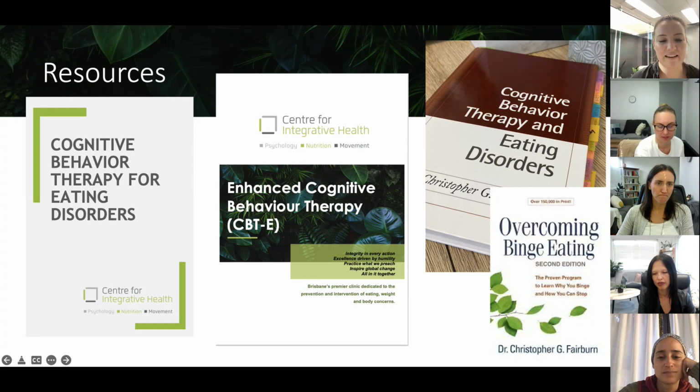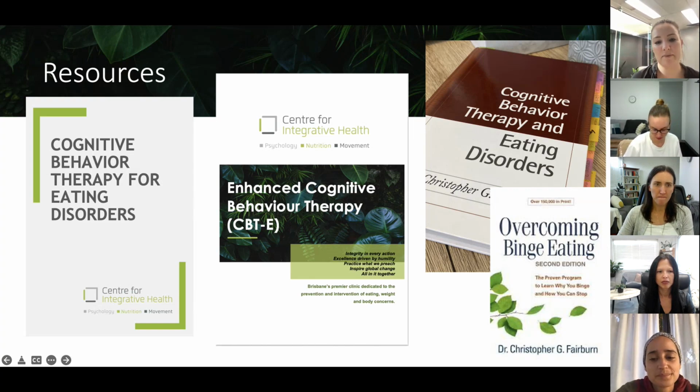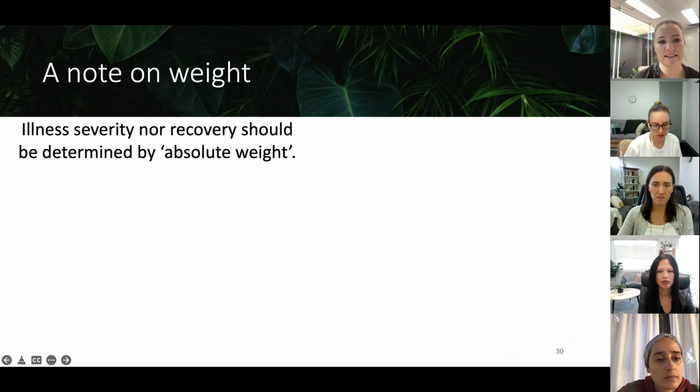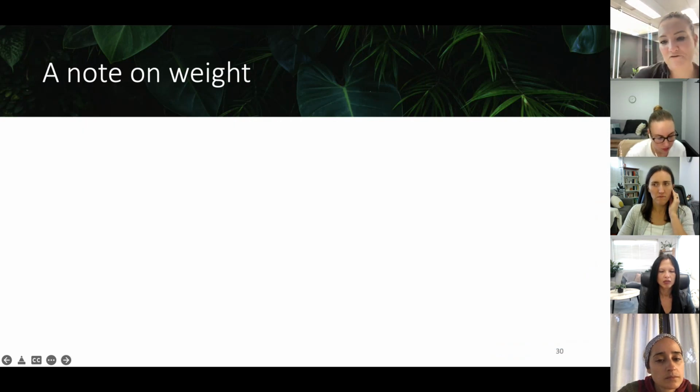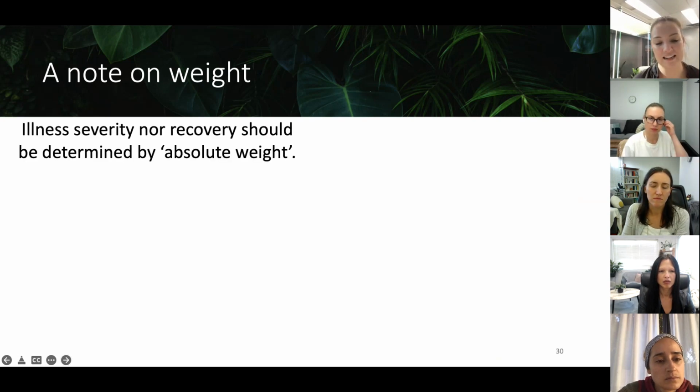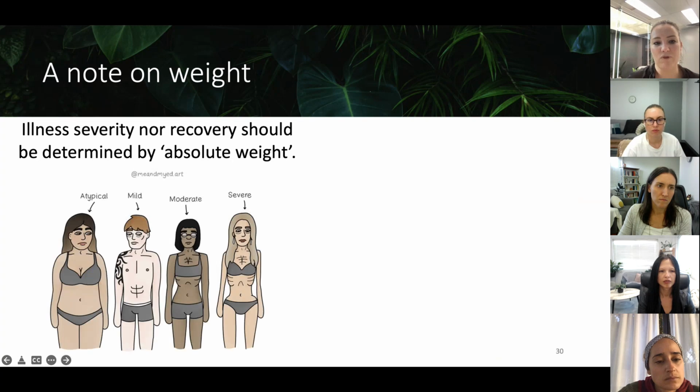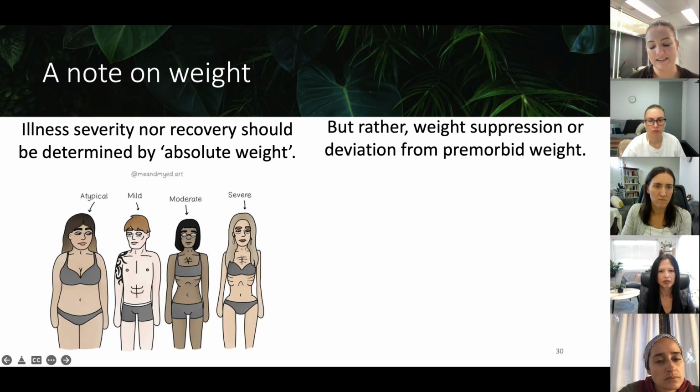Can you still see my slides? Yeah. So I guess the main part where we deviate from CBT-E, and I've pinched some stuff from our slides with Audrey, is that at CFIH, obviously, we don't think that eating disorder severity should be determined by someone's absolute weight, so their BMI or the weight that they present at, but rather someone's level of weight suppression.